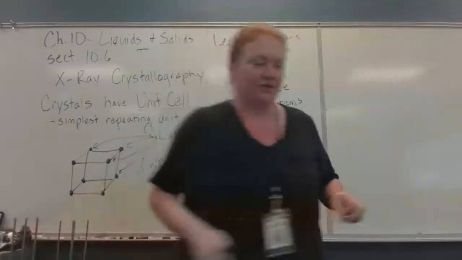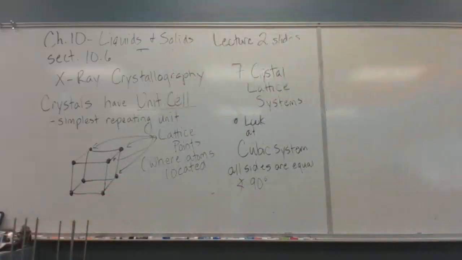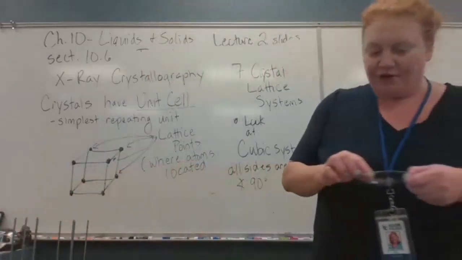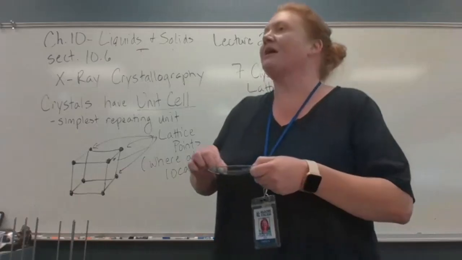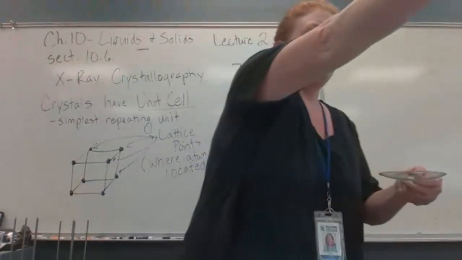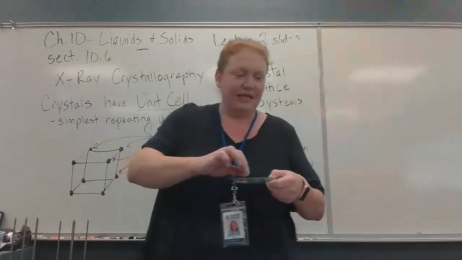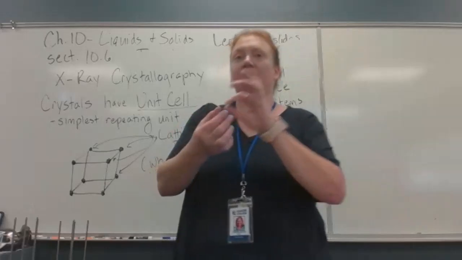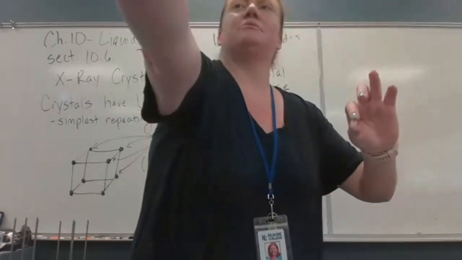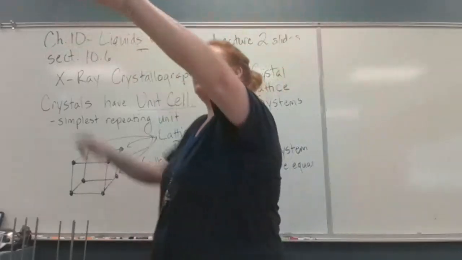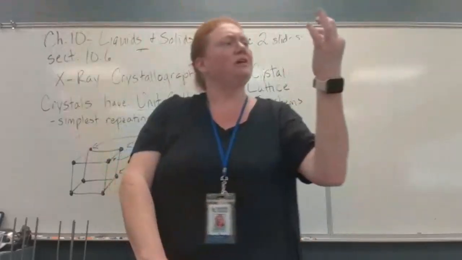So let me tell you guys first, do you see how solids like to form these very ordered crystalline structures? I set out for you guys a couple of different crystals. Y'all can look around here.